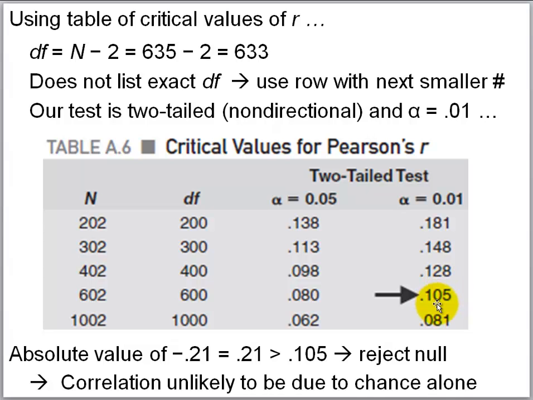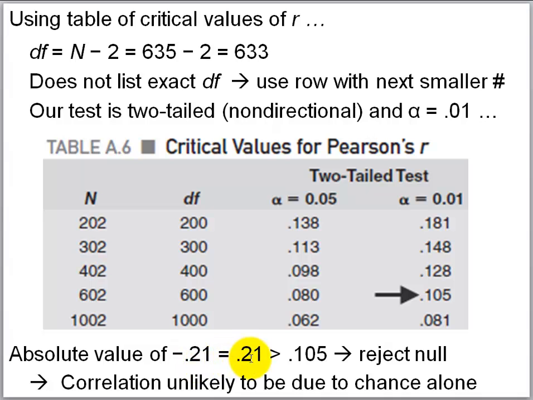So in other words, with a two-tailed test, we would be rejecting if our obtained r in the sample was either greater than 0.105, or on the other hand, we would also reject if that correlation was less than minus 0.105. The absolute value of our correlation, which was minus 0.21, is 0.21.